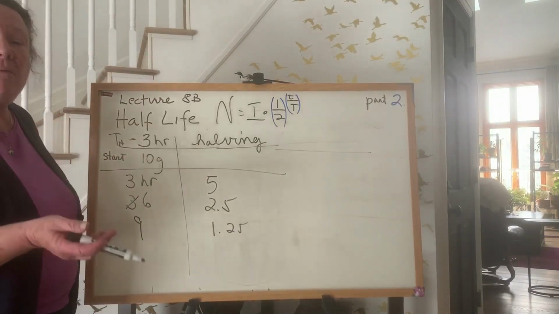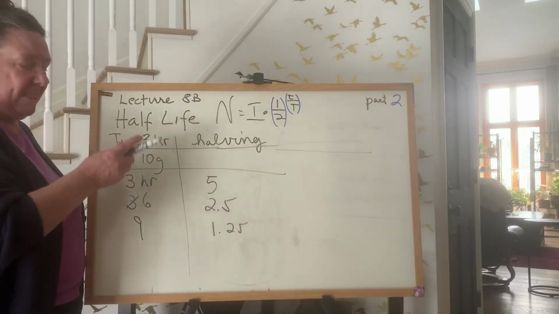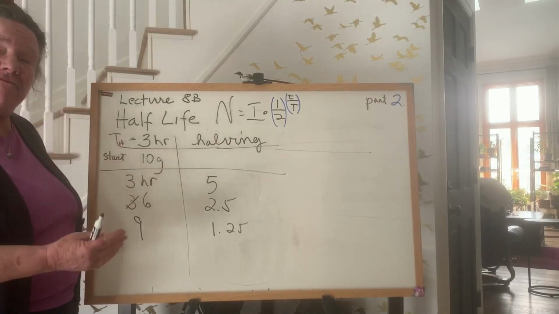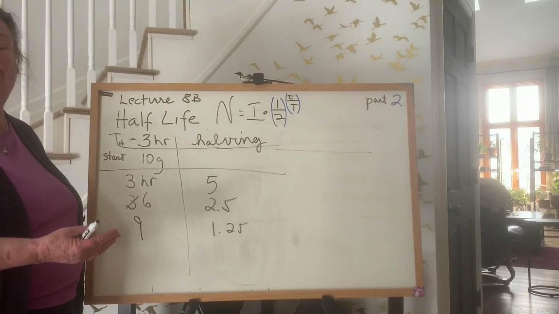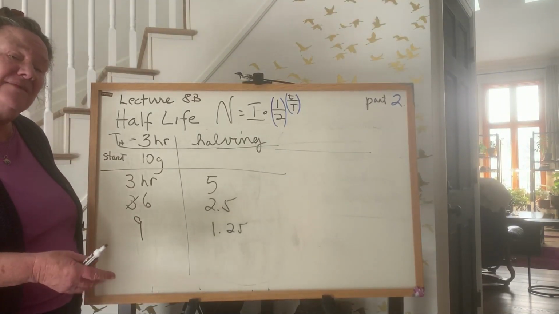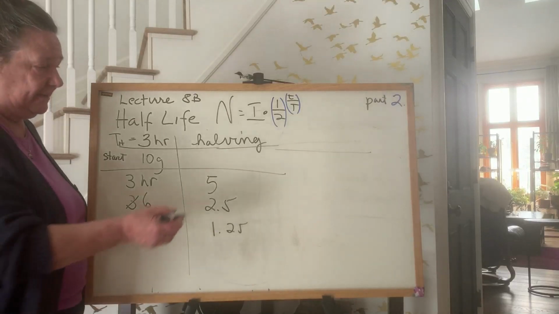So what we want to know is, if we start with a certain amount, and we know the half-life, that's what it's called, half-life, and we know how long we run the experiment, how much will we end up having?